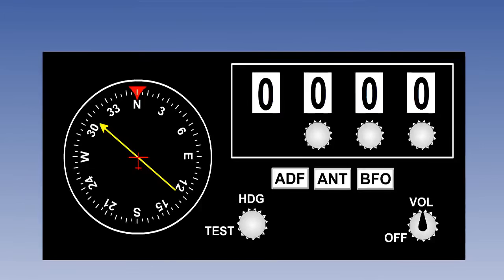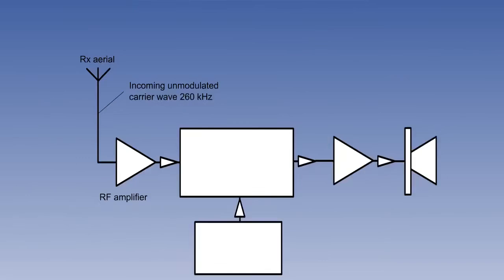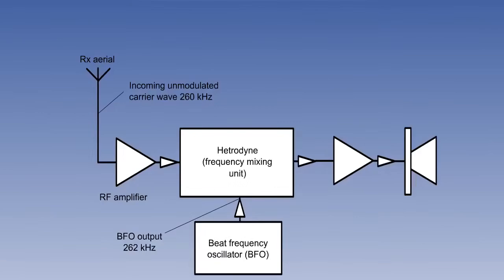The bearing reading must be ignored, as the loop antenna has been isolated. Let us say that the carrier wave is transmitted at 260 kHz. The BFO generates an alternating current, which differs from the incoming carrier wave frequency by 2 kHz at 262 kHz. Both signals are fed into a frequency mixing unit, a heterodyne unit.